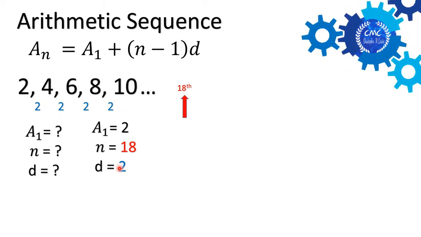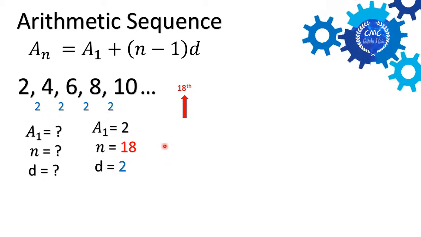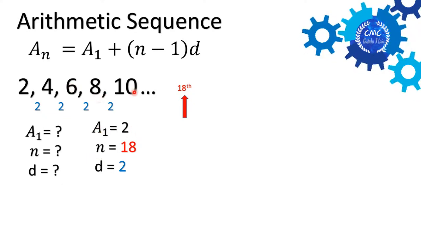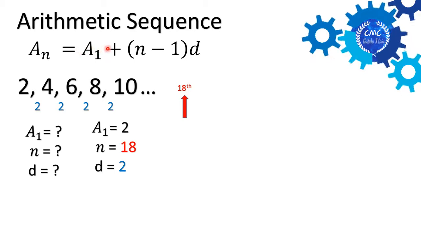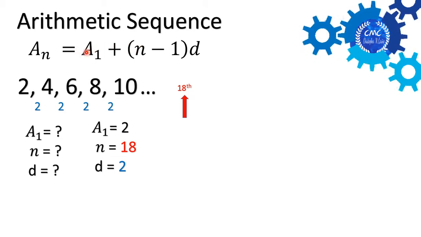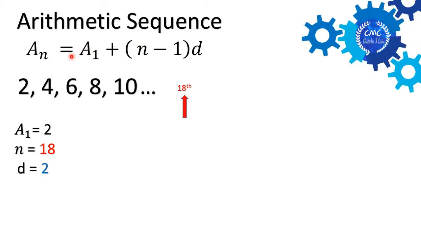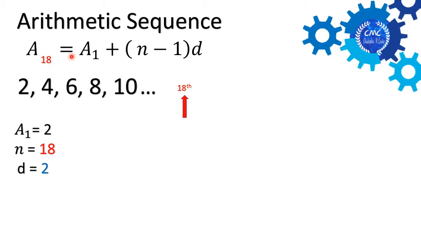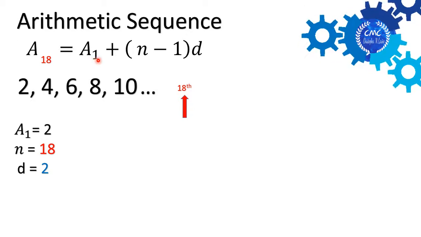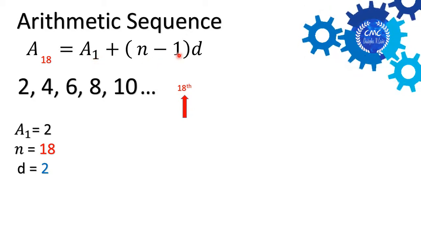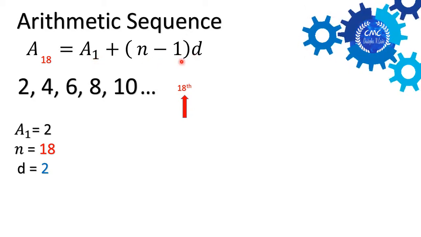Now, using these variables, we will be able to find the 18th term by applying them to this formula. By direct substitution, a sub 1 is 2, and d is 2.